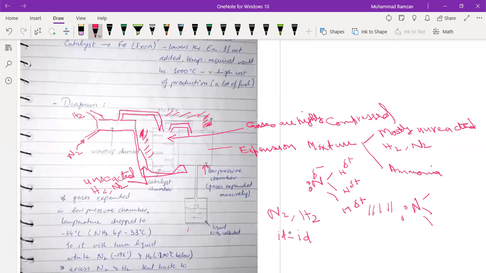It means these both gases remain as such. They will not change into liquid. That's why we can push them from this container to the warm-up chamber, and ammonia being liquid drops down. And this is written over here. Let's have a look.